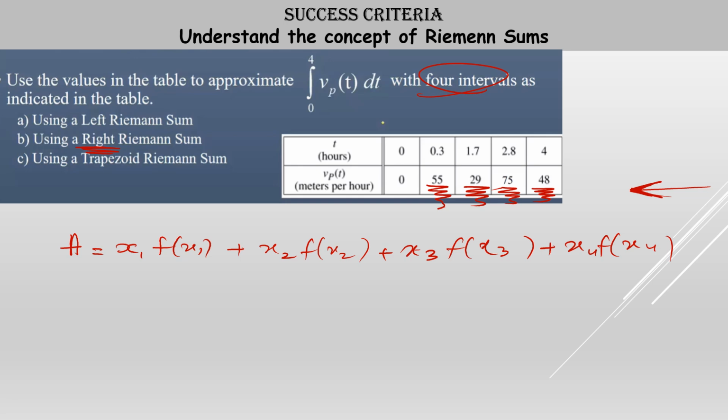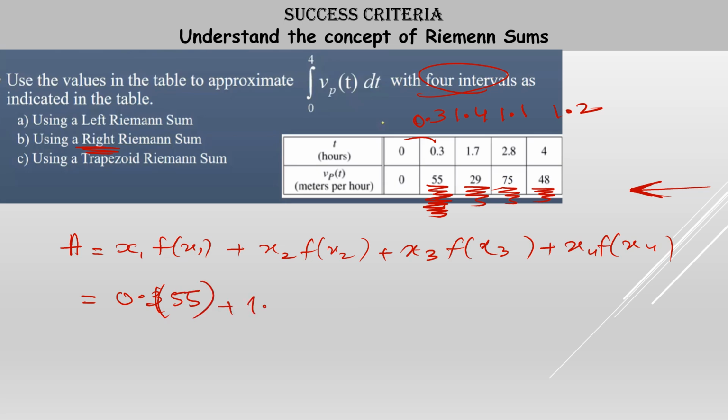The widths we already calculated: 0.3, then 1.4, then 1.1 and 1.2. So x1 is 0.3, and for f of x1 we start from 55, not from 0, because it is the right Riemann sum.